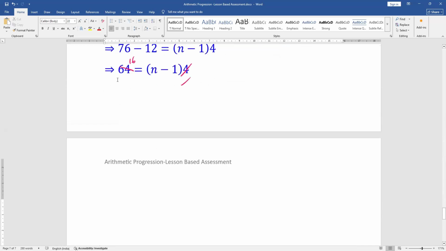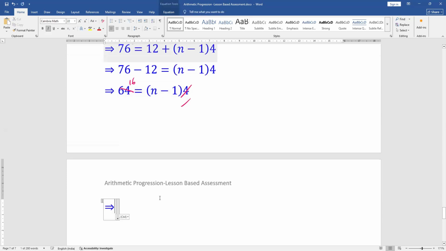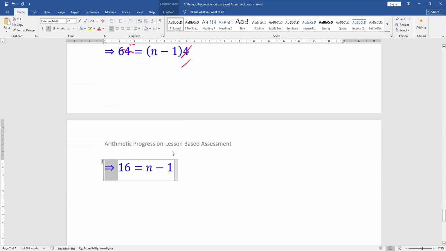We can directly cancel like this also. So I'm cancelling. On the left hand side you get 16 equals, and the right hand side is n minus 1. Now the bracket is not needed, so I write n minus 1 on the right hand side. In the next step, the variable is only n, and only the number minus 1 is there. So I move this minus 1 to the left hand side, which means 16 plus 1 equals n.